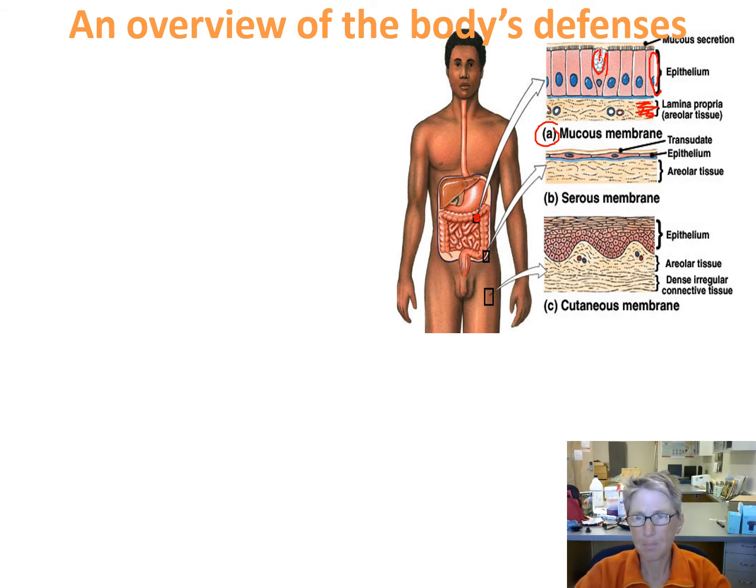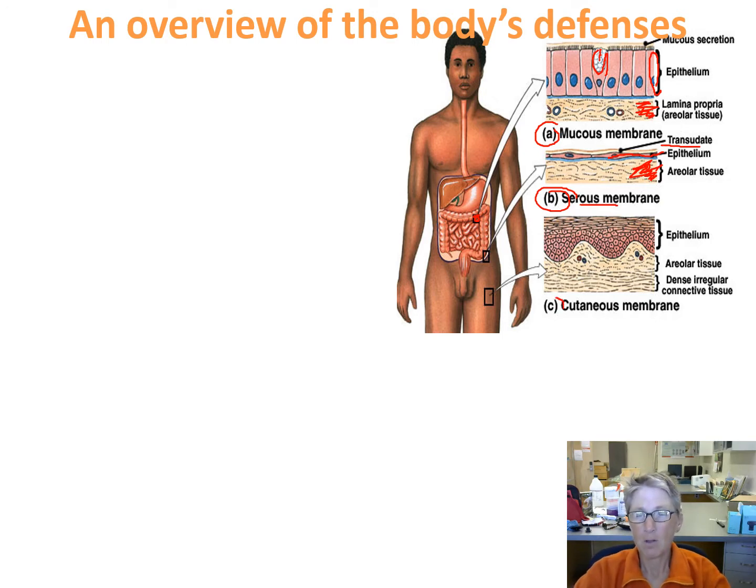You know that. Second type of membrane that would be part of your membrane defense would be these serous membranes. These are actually internal membranes, but you have this areolar tissue, which is like a loose connective tissue, and then you have these thin epithelial cells that make the serous fluid called the transudate here.